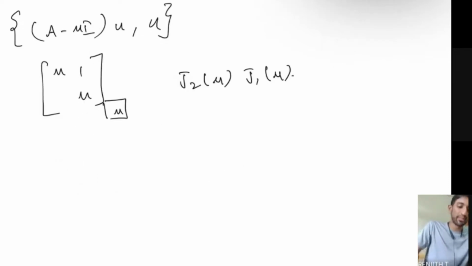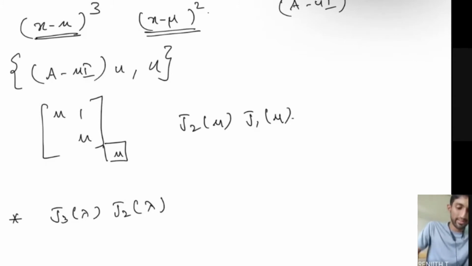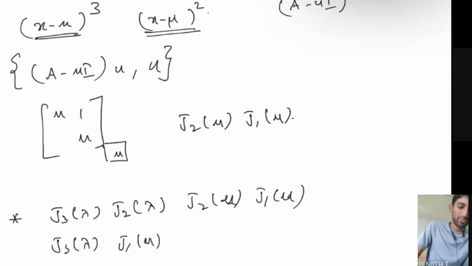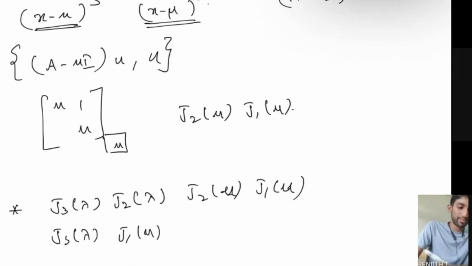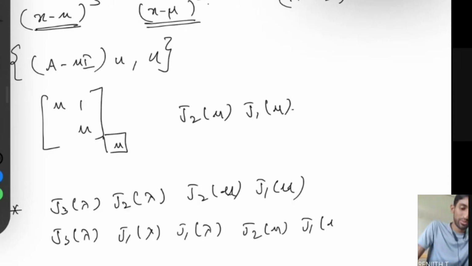So together there will be two Jordan canonical forms: J3 of lambda, J2 of lambda, J2 of mu, J1 of mu, and J3 of lambda, J1 of lambda, J1 of lambda, J2 of mu.